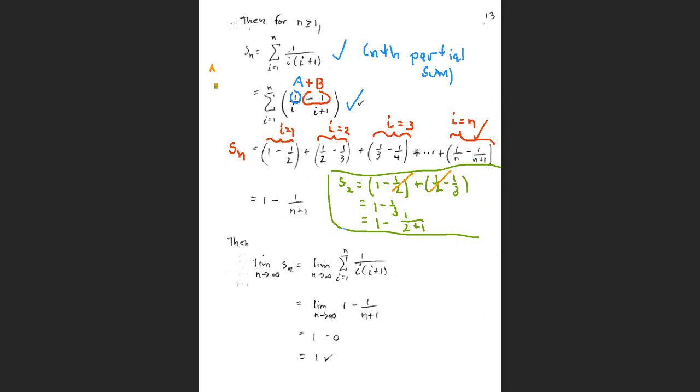The third partial sum is equal to 1 minus a half plus a half minus a third plus a third minus a fourth. Do any terms cancel out there?